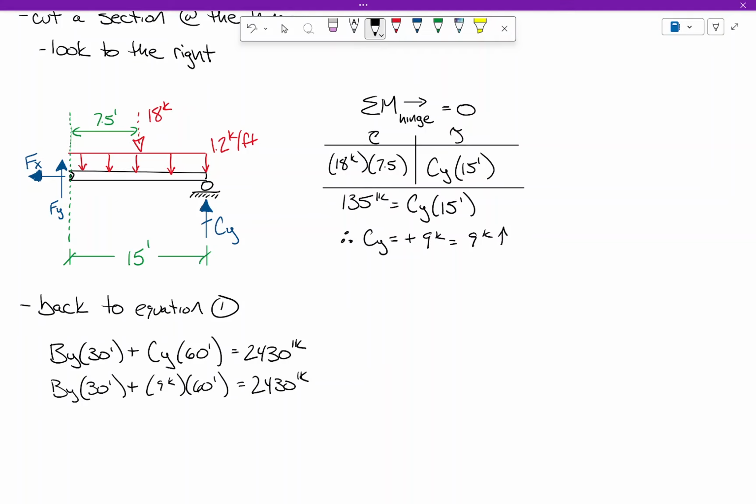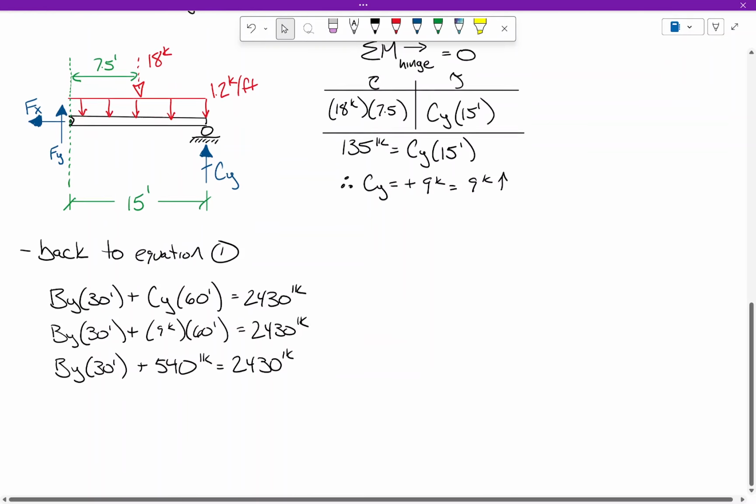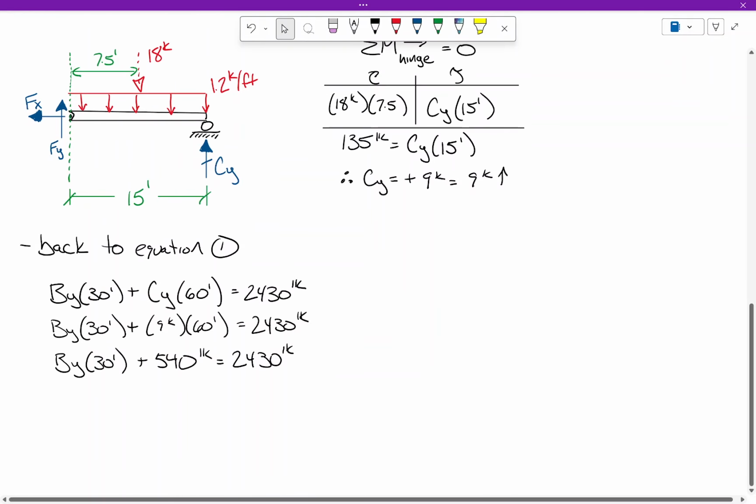Nine times 6 is 54, so that's 540. Okay, so 2430 minus 540.